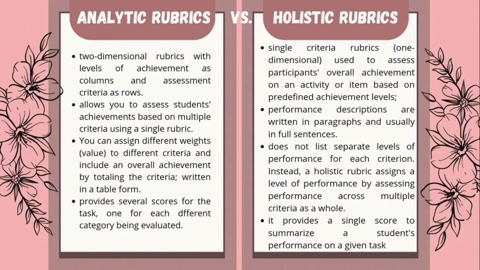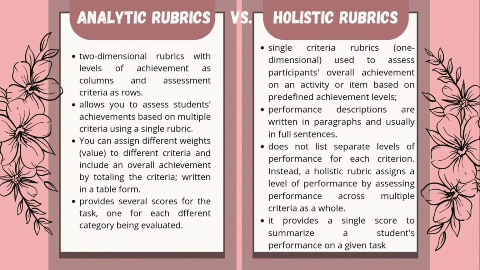While holistic rubrics has single criteria rubrics, one-dimensional, which is used to assess participants' overall achievement on an activity or item based on predefined achievement levels. Analytic rubrics allows you to assess students' achievements based on multiple criteria using a single rubric, while holistic rubrics has performance descriptions which are written in paragraphs and usually in full sentences.